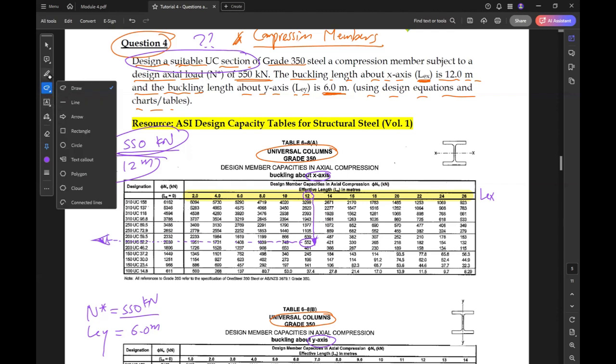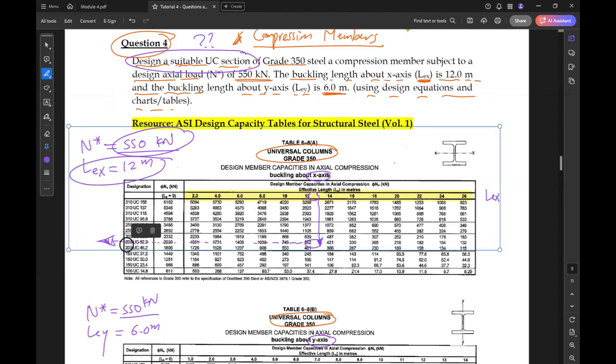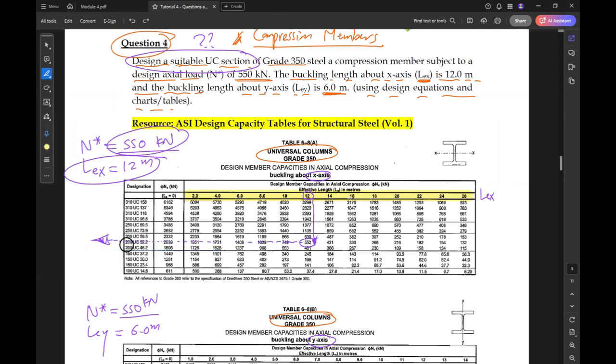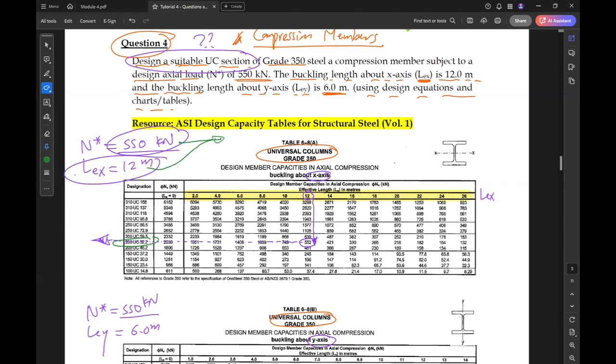This one here. So for this information, we need to use 200 UC 52.2. So this is the section suitable for the x-axis.